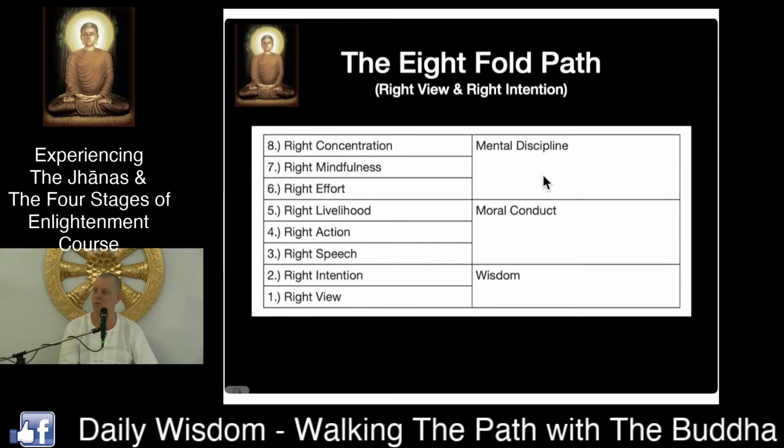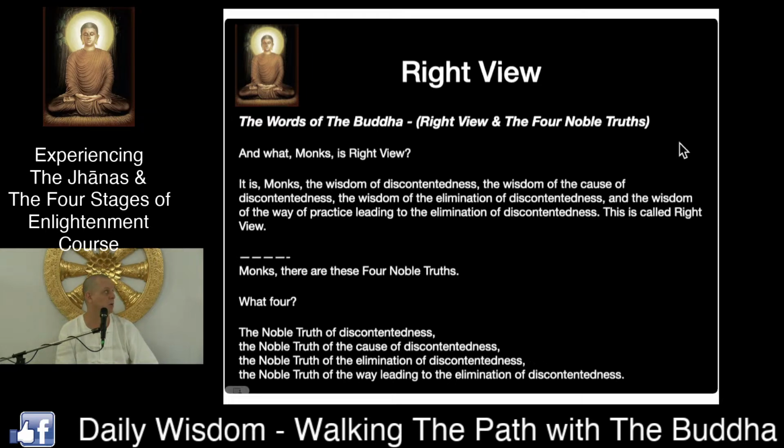You wouldn't have enough wisdom to be able to make your way through that. Through improving your moral conduct, you would experience some improvement in your life, but the mind's not going to actually get to the jhanas without the mental discipline. So you need all 8 steps in order to get into the jhanas and the 4 stages of enlightenment.